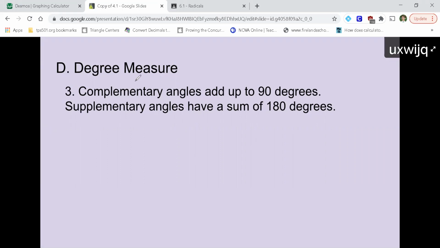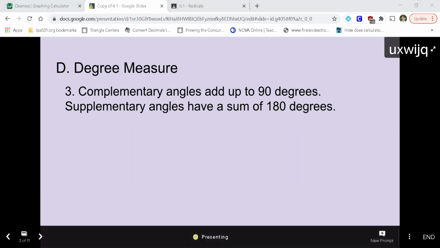This is just a review of some vocabulary that you'll need for some of the problems. When they talk about complementary angles on the homework, those are angles that add up to 90 degrees. When they talk about supplementary angles, those add up to 180. So I'll give you a moment to copy that down as a refresher if you would like, before we move on and start really solving some stuff with that.